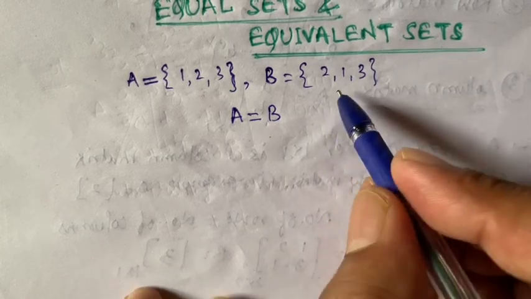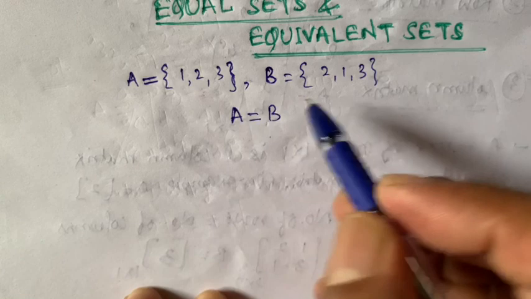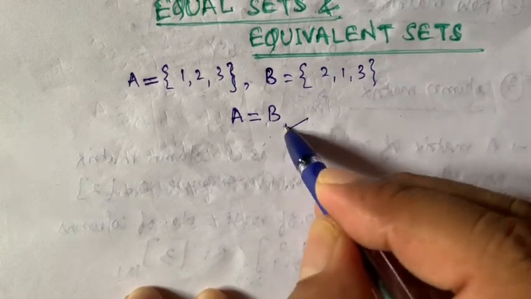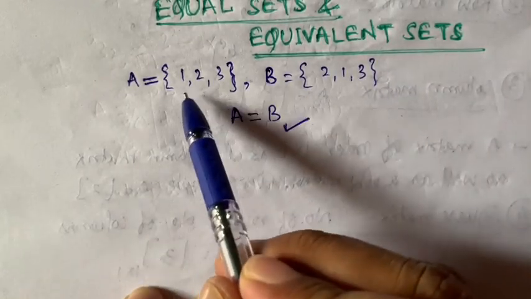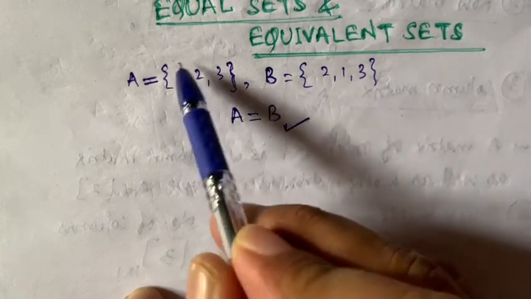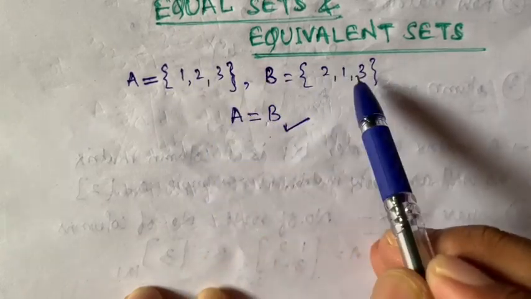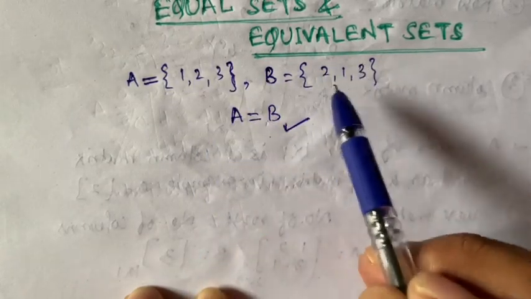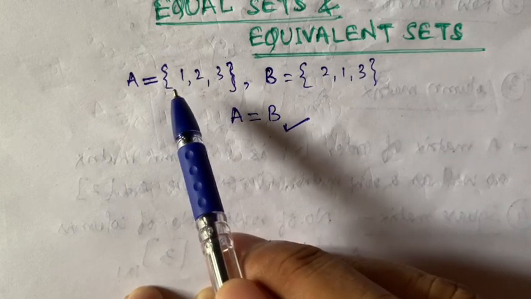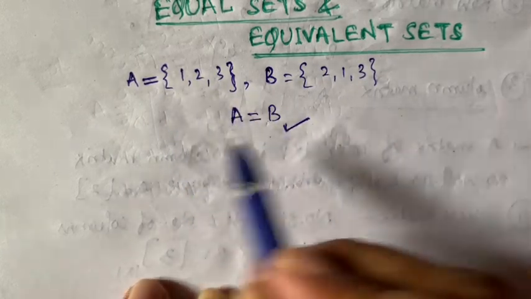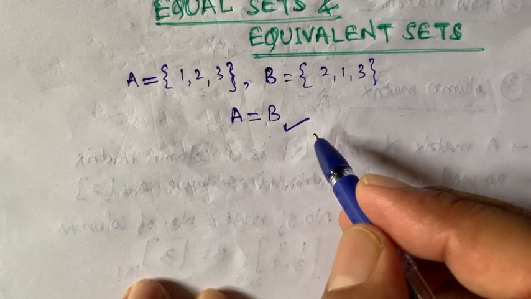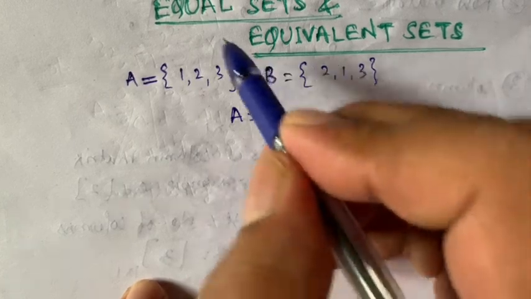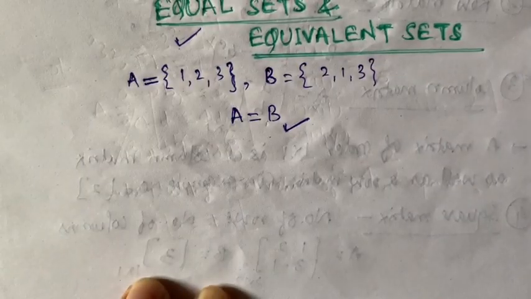So 2, 1, 3 and 1, 2, 3 both will be equal. We only need to consider that each element of A must be an element of B and each element of B must be an element of A. That means A should be equal to B. Now we have defined equal sets.